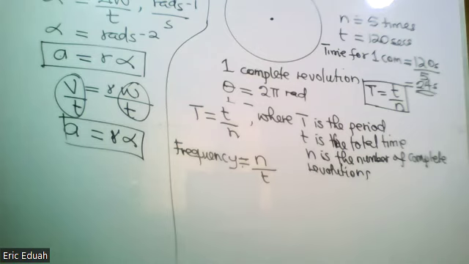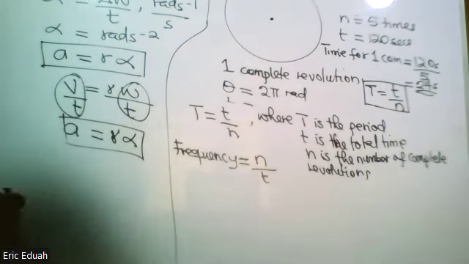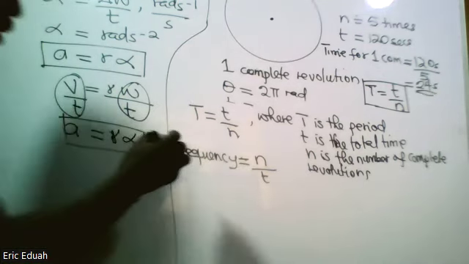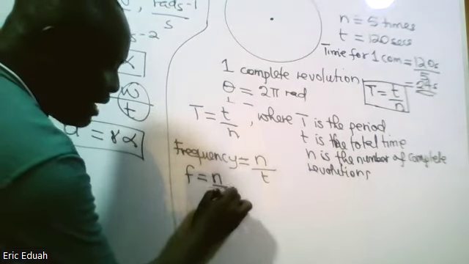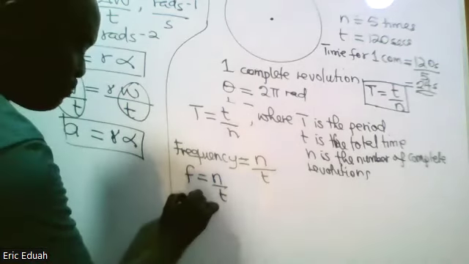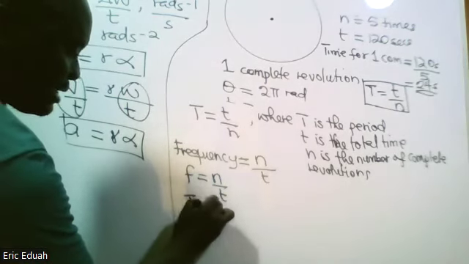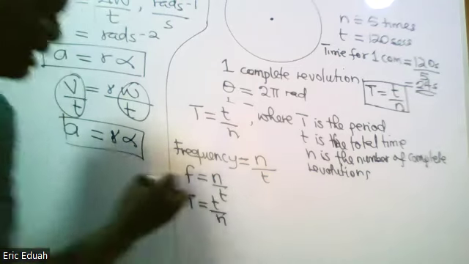So frequency F is equal to number of times divided by total time, whereas the period capital T is equal to total time divided by the number.